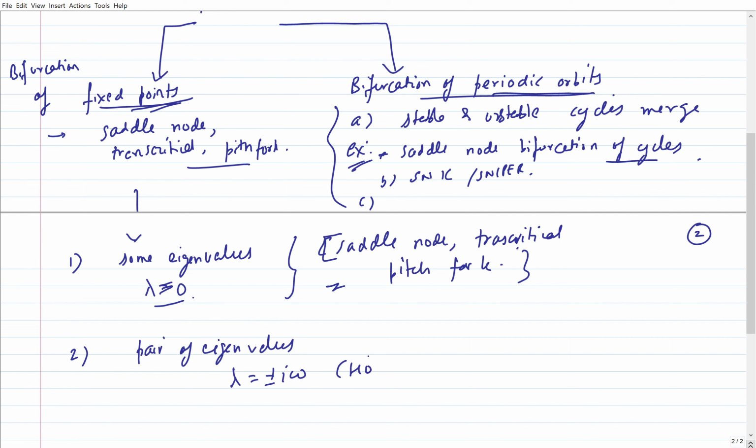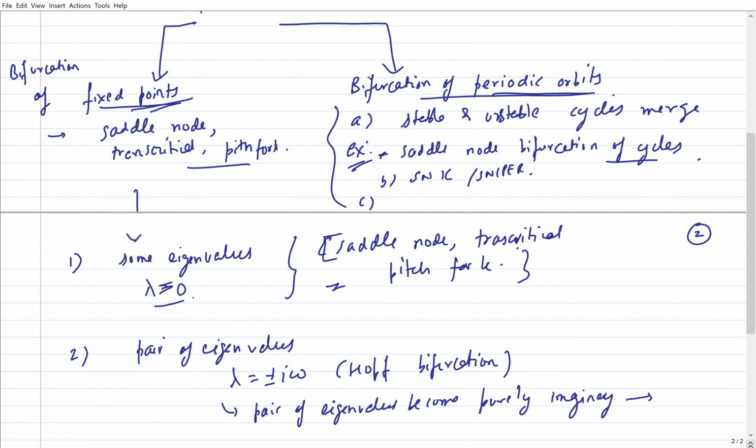This is an example of a Hopf bifurcation. When the pair of eigenvalues become purely imaginary, this leads to creation of closed orbits.